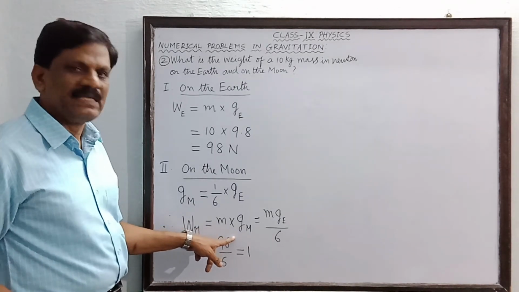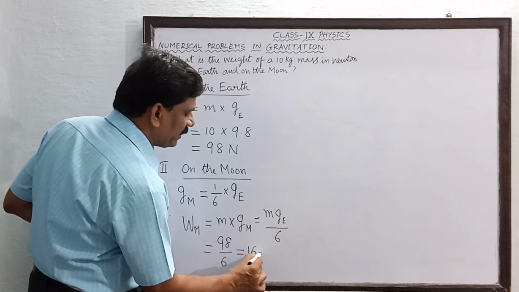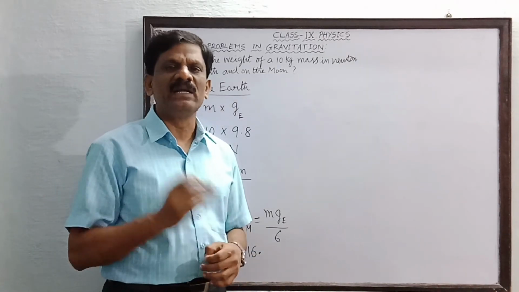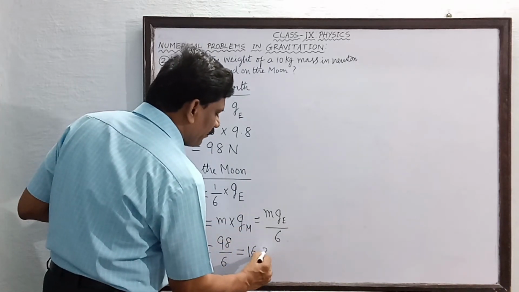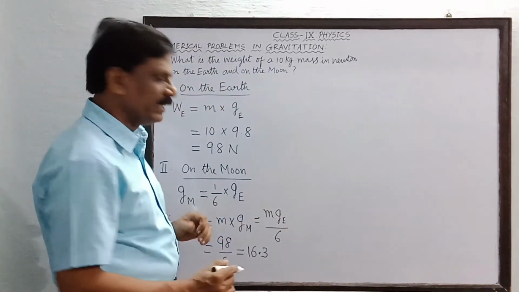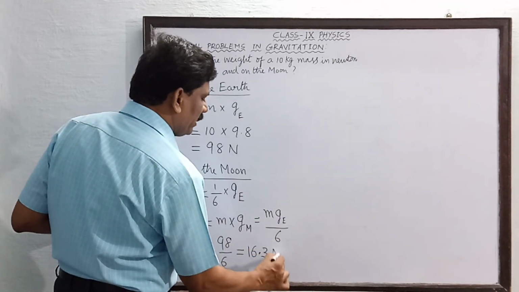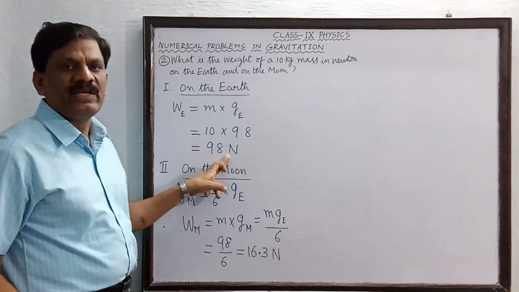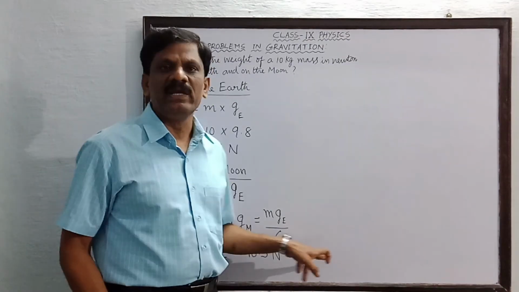In 38, 6 6 are 36. Point. Remainder is 2. So when you keep a decimal, 2 becomes 20. 6 3s are 18. So 3 will be recurring. So we can stop with one decimal place, 16.3 Newton. So the weight on earth is 98 Newton, and the weight on moon is 16.3 Newton.